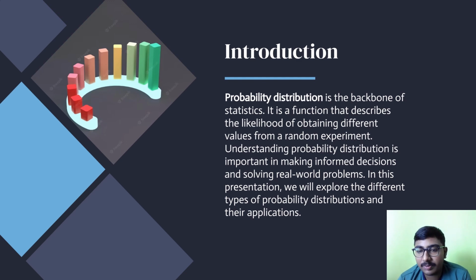It is 50-50% chances of getting a result, 50% of head, 50% of tail. The random experiment which is done, which gives different values for that experiment, is called the probability distribution. Now let's go further through the examples and the types of probability distribution.